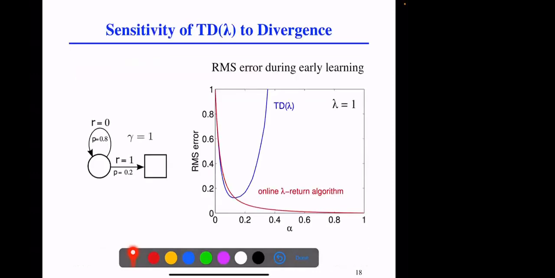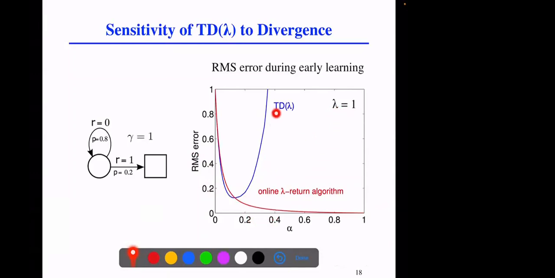The reason that we want this is, here I show for a very simple task what happens for larger step size. This shows the error, so smaller is better. And I plot here for lambda equals 1.